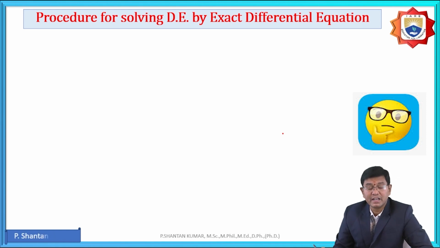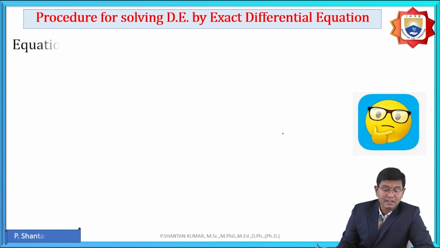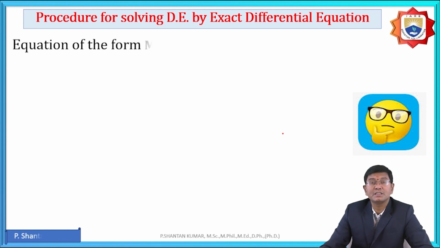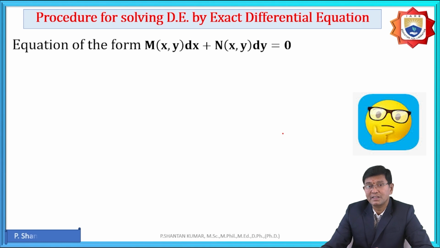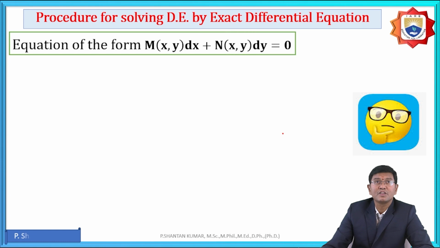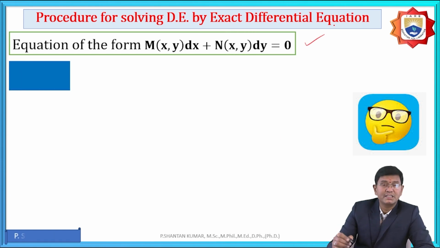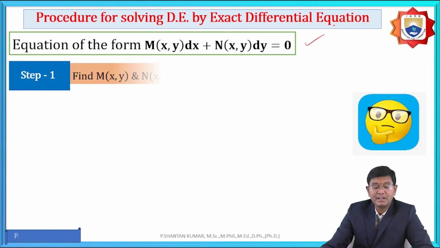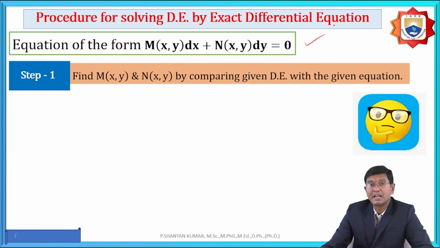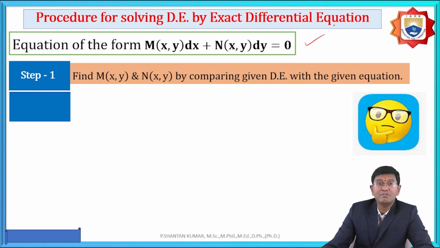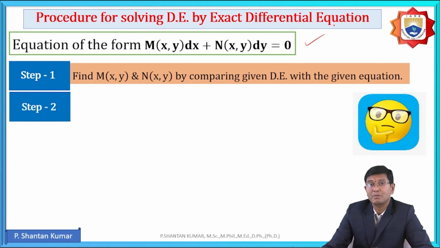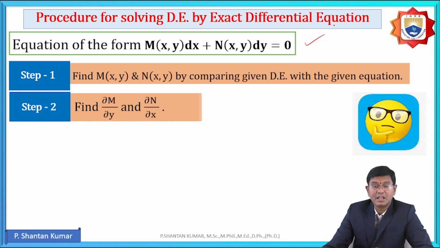Based upon the previous slide, we assume an equation of the form M dx plus N dy is equal to 0, where M and N are functions of x, y. Comparing with this equation, in step 1 we find M and N by comparison with the given differential equation. In step 2, we find ∂M/∂y and ∂N/∂x partially, that means M with respect to y and N with respect to x.